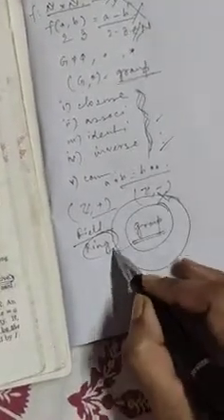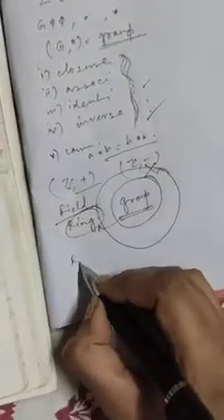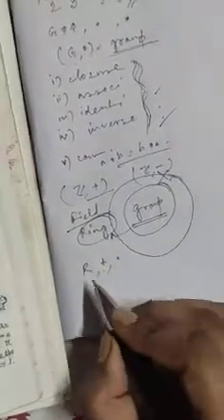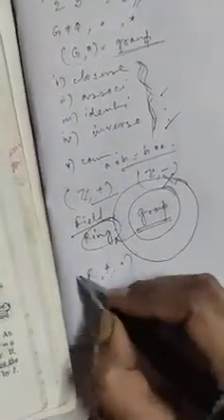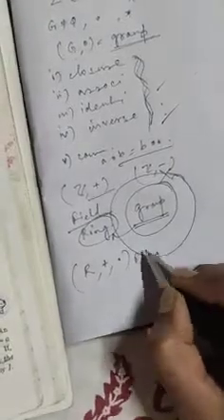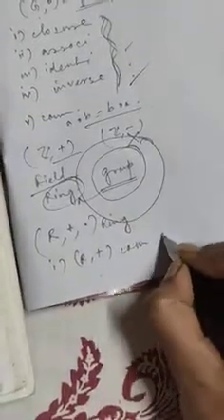Now moving to ring. For a ring, we have a non-empty set R and we are considering 2 operations here. One is addition, another one is multiplication. Then R comma plus comma dot is said to be a ring if it satisfies a total of 3 conditions. Number 1, R plus is a commutative group. Number 2, R dot is a semi-group.